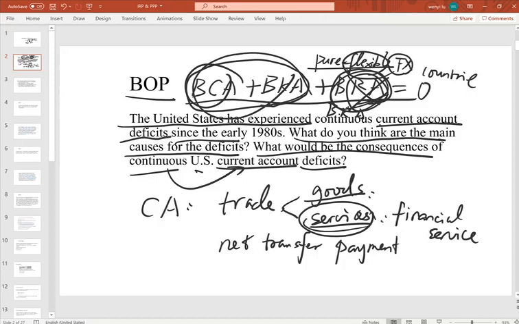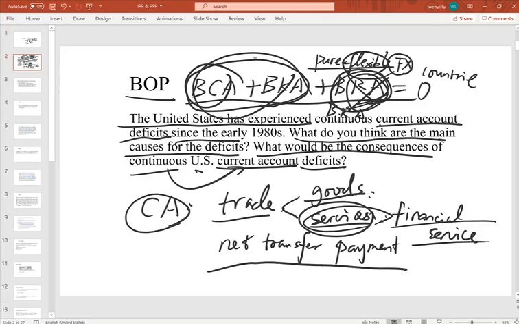They are all financial services. So our current account records the trade and the net transfer payments during one fiscal year, within a year.